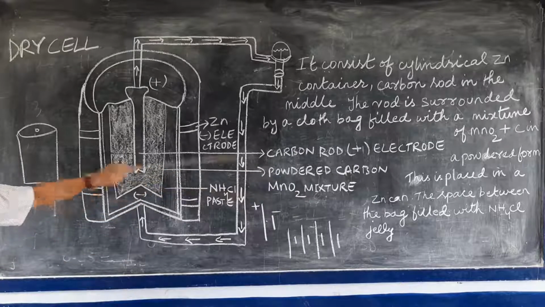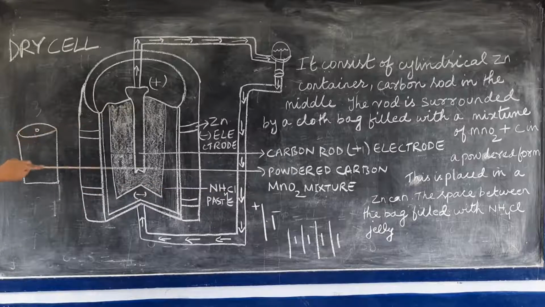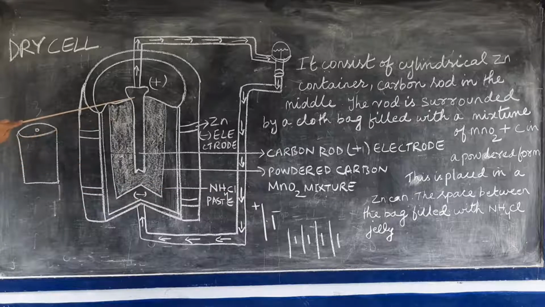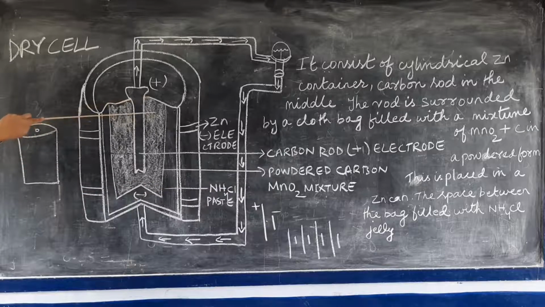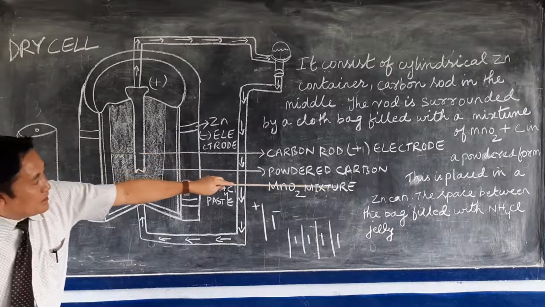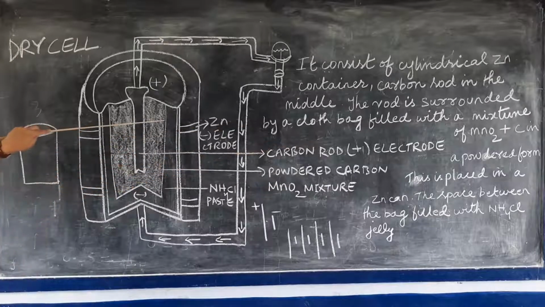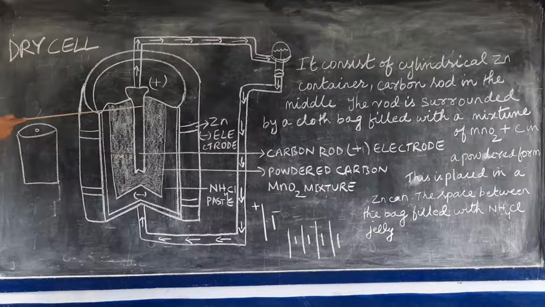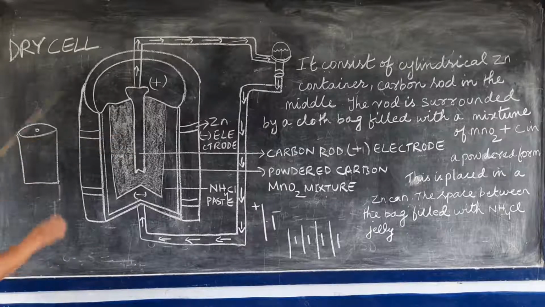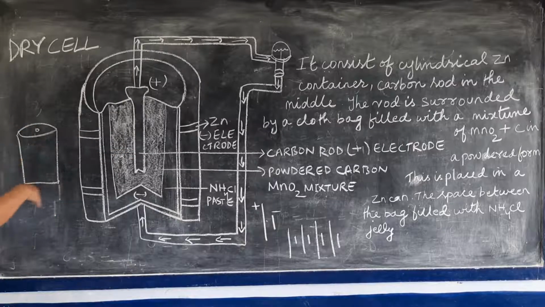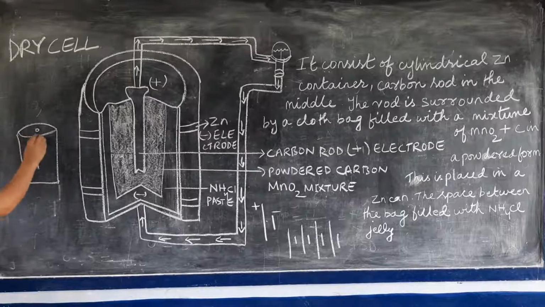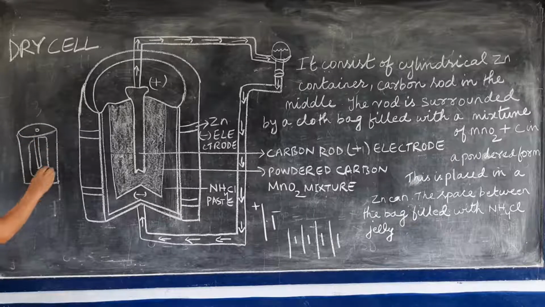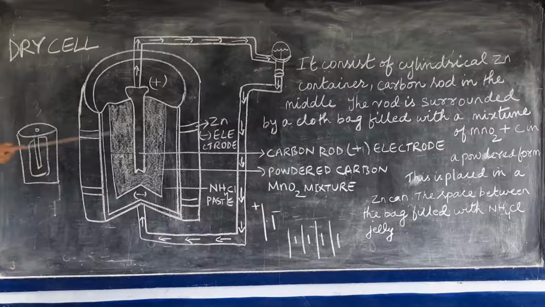Now this entire portion is placed together: the carbon rod and the cloth bag, which is filled with the mixture of manganese dioxide and powdered carbon. All these are placed in a container. The outer part is a zinc container, and inside we place all of this, with the carbon rod inside it.